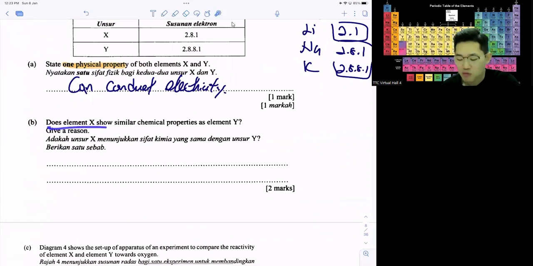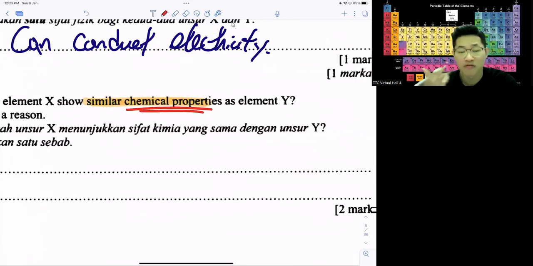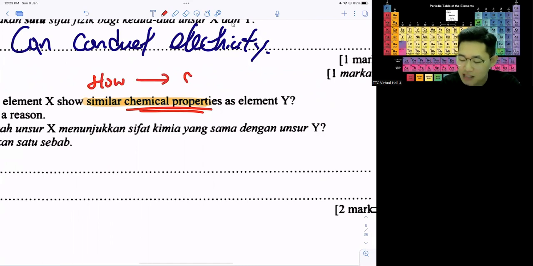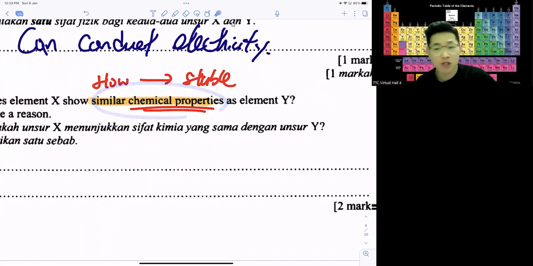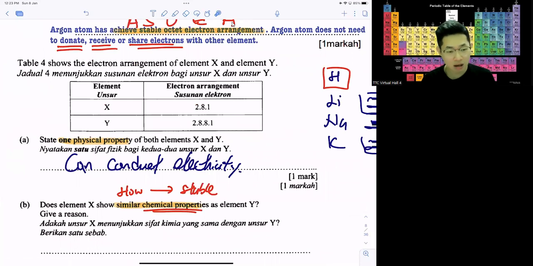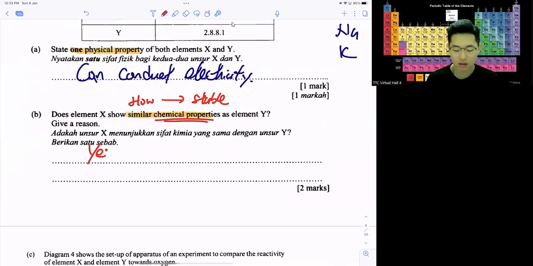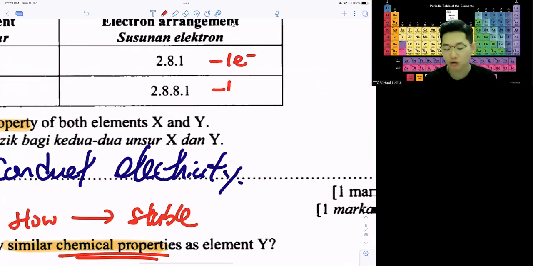Do elements X and Y show the same chemical properties? Chemical properties means how they react with others, how they interact with others. Simply put, how they become stable. So similar chemical properties means they use the same way to become stable. Do X and Y use the same way to become stable? Oh, yes. Why? Because you can see, this one, how to become stable, donate one, right?